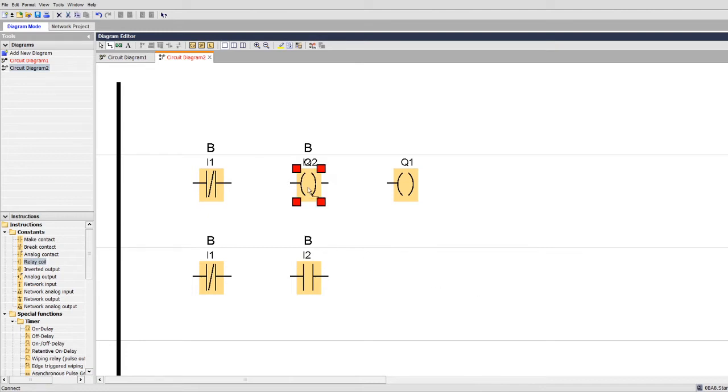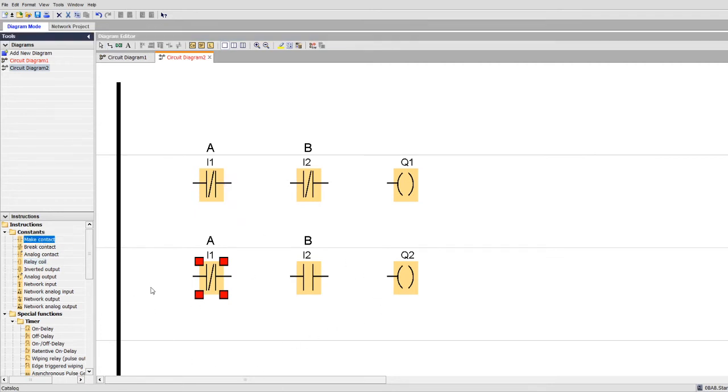That is the D2 output. And next one is for A B dash. This is A dash, not, this is A. Okay, and next one is make a contact.